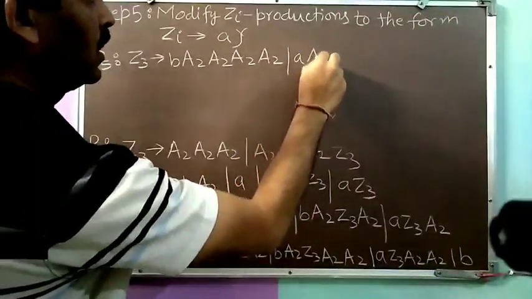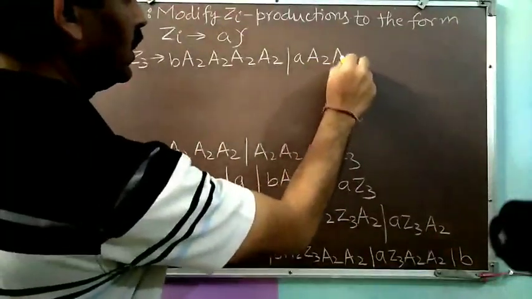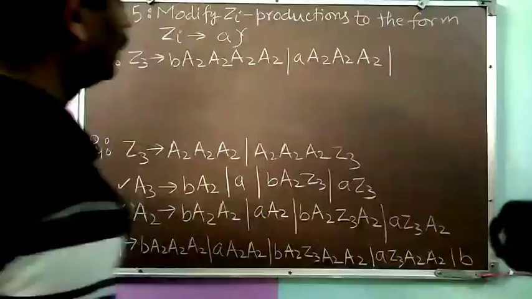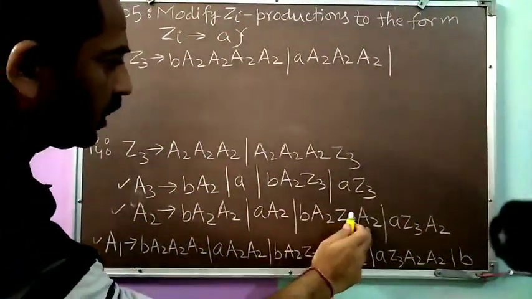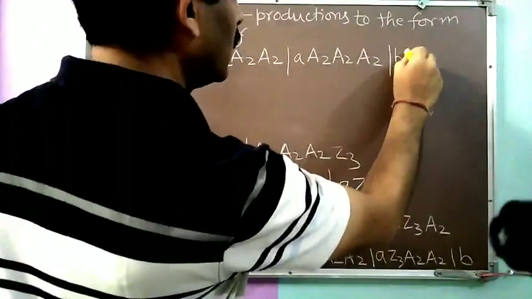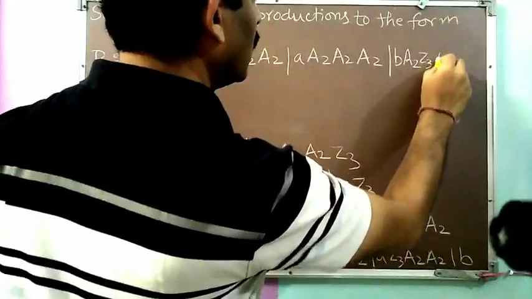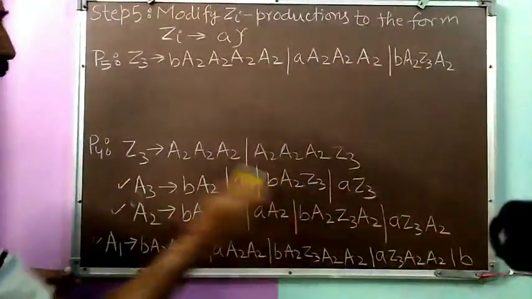So it is A, A2, followed by A2, A2, followed by A2, A2. And the next one is B, A2, Z3, A2, followed by A2, A2, because we are putting the value of A2.